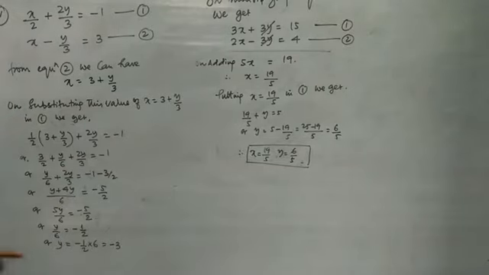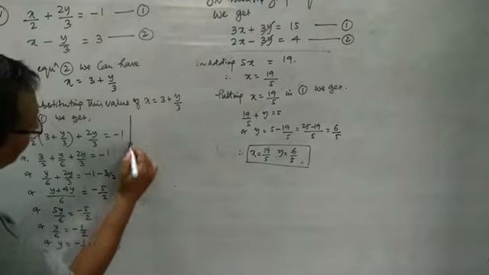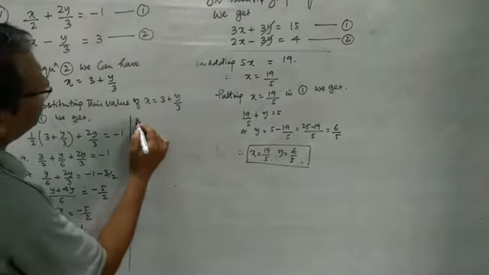So the value of y equals minus 3 we are getting by substitution method. Now we are required to find out the value of x.